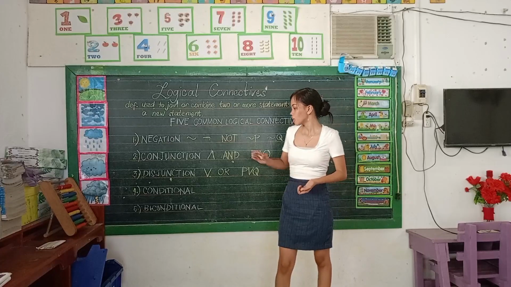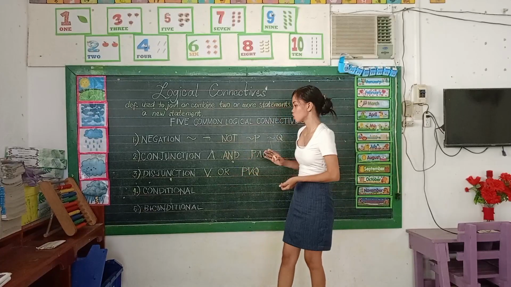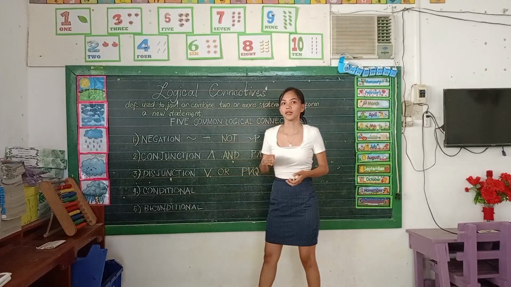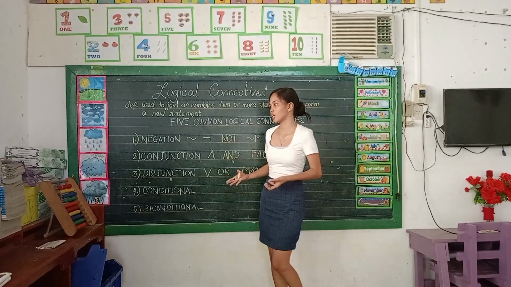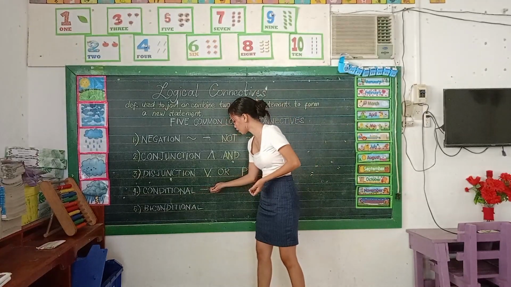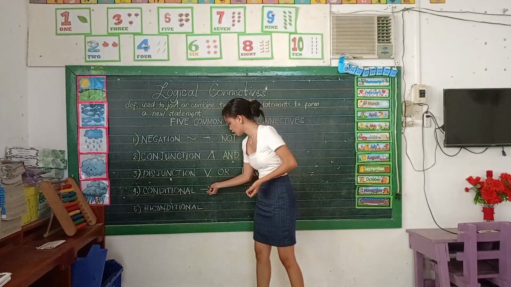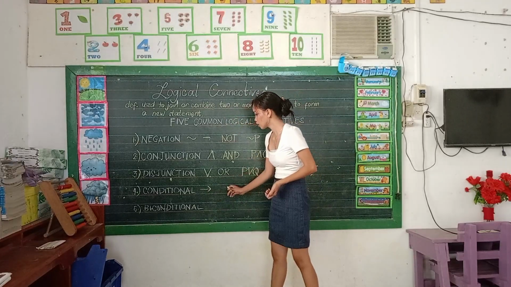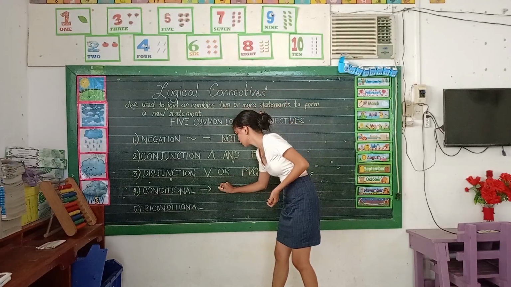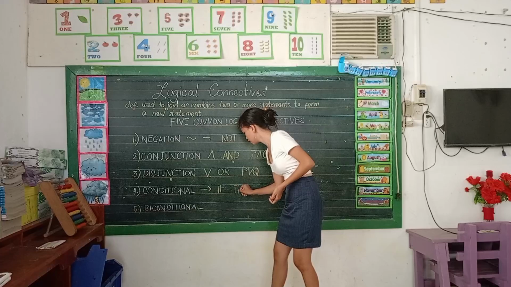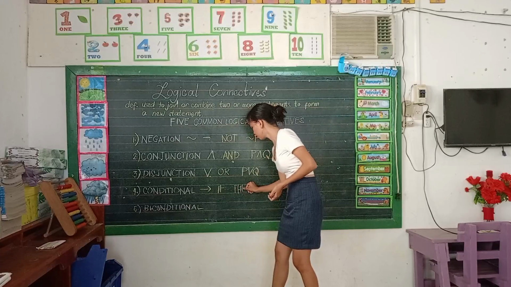Next, we have the conditional connective. In the conditional connective, we get the idea of implying one proposition from the other proposition. So the symbol here is an arrow. Our connective terms here are if, and if then.